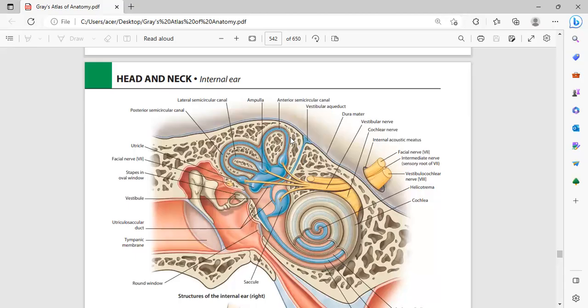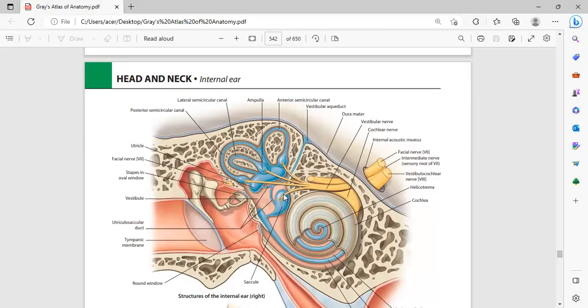Okay, so the semicircular canals and the vestibule are supplied by the vestibular cochlear nerve. The vestibular cochlear nerve will divide into the vestibular and cochlear nerve, and then the vestibular nerve will divide into a superior and an inferior branch.